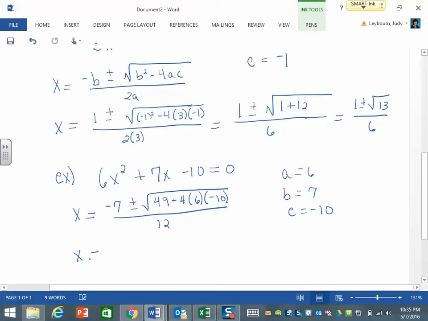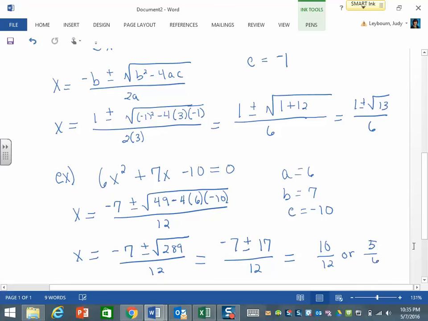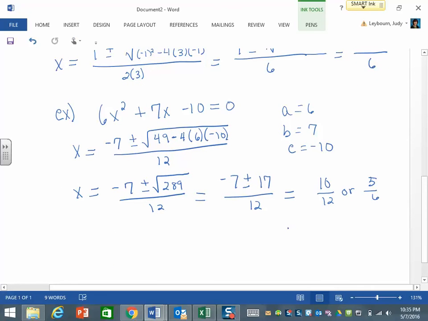Our answer would simplify to negative 7 plus or minus the square root of 289, all divided by 12. 289 happens to be a perfect square, so we have negative 7 plus or minus 17 all over 12, and that would equal 10 over 12, or 5/6, and our other answer would be negative 24 over 12, or negative 2.